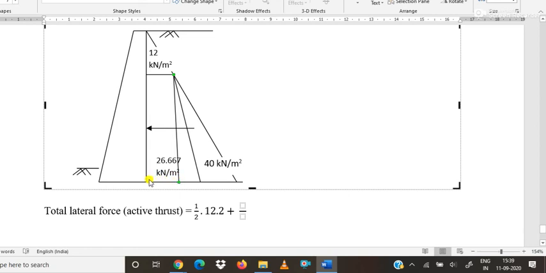The width of the rectangle is 12 kilonewton per meter square, and the width of the base of the triangle is this much minus 12 kilonewton per meter square, and the height in both cases is 4 meter.